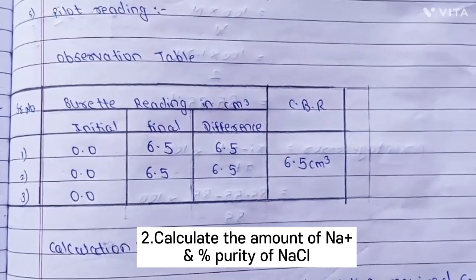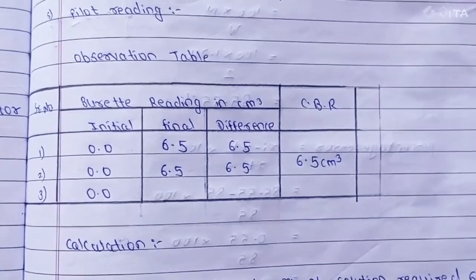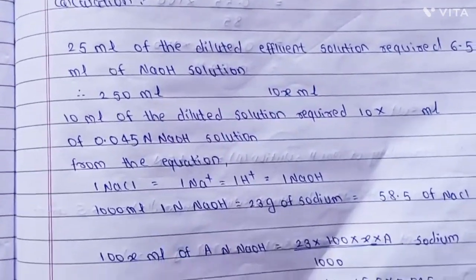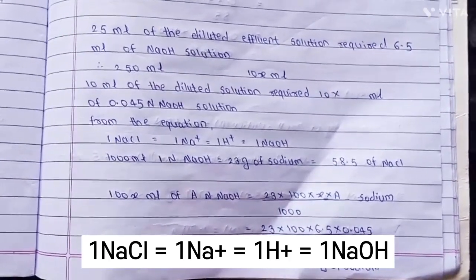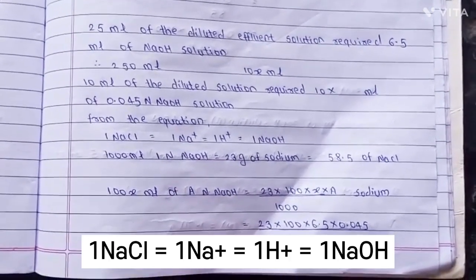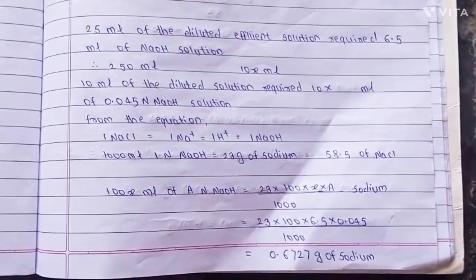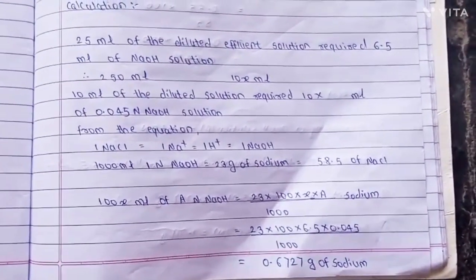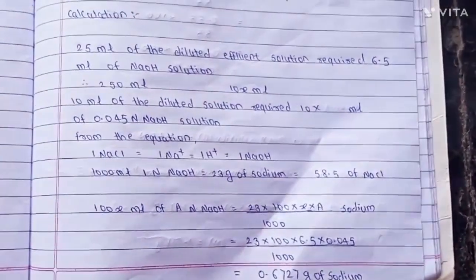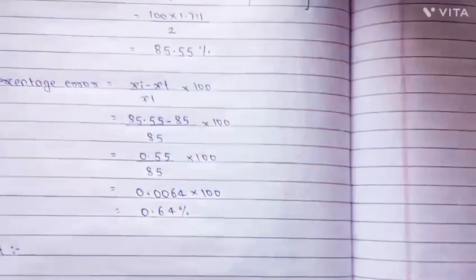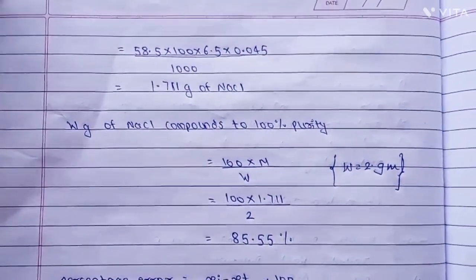Calculate the amount of sodium by stoichiometry. 1 mole of NaCl is equivalent to 1 mole of Na+ and 1 mole of H+ as well as 1 mole of NaOH, and therefore the given sample solution after calculation contains 0.6727 gram of sodium and 1.711 gram of NaCl.